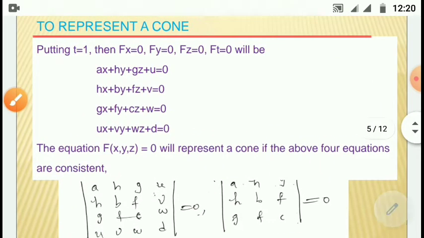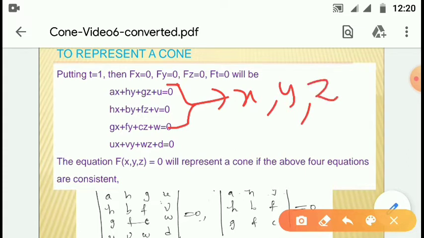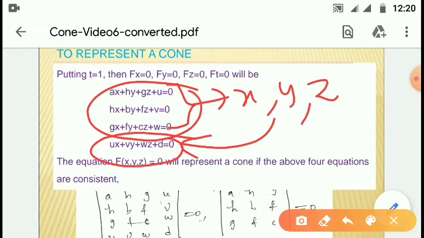There is also another way to prove that these equations are consistent. First we take the first 3 equations and solve them for x, y, z. Then we substitute the values of x, y, z in the 4th equation. If the 4th equation is satisfied by these values, it means all the 4 equations are satisfied.